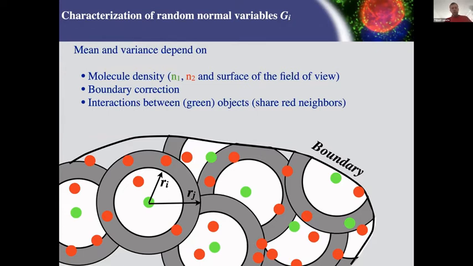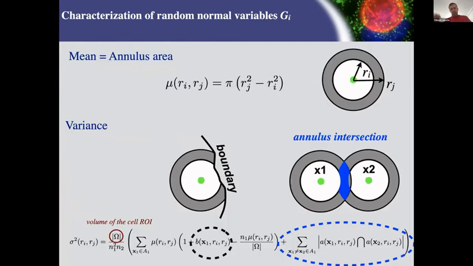When you take all this into account, you can derive, on this second slide with some formulas, the expectation, the mean number of molecules that you expect in each annulus, which is proportional to the surface of the annulus, and the variance. The variance depends on the mean, the boundary corrections, and a big term in blue, which accounts for the annulus intersection between the different green points.